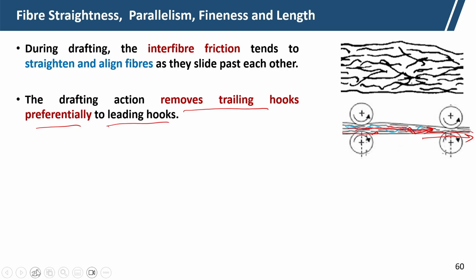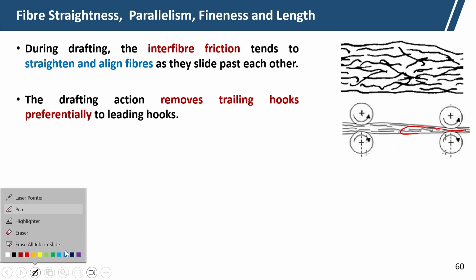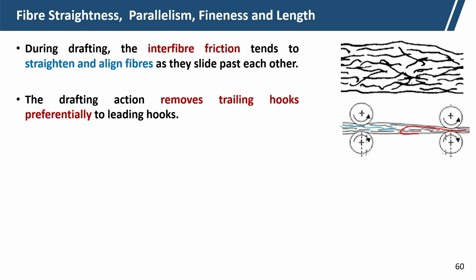Now, the reason being that, here this is the trailing hook, and these fibers suppose are connected with the back roller. Now, at the back roller the number of fibers will be more because of the draft, and at the front roller the number of fibers will be less. At the back roller the fibers are moving at the slower speed, and the red fiber which is connected with the front roller is at a faster speed.